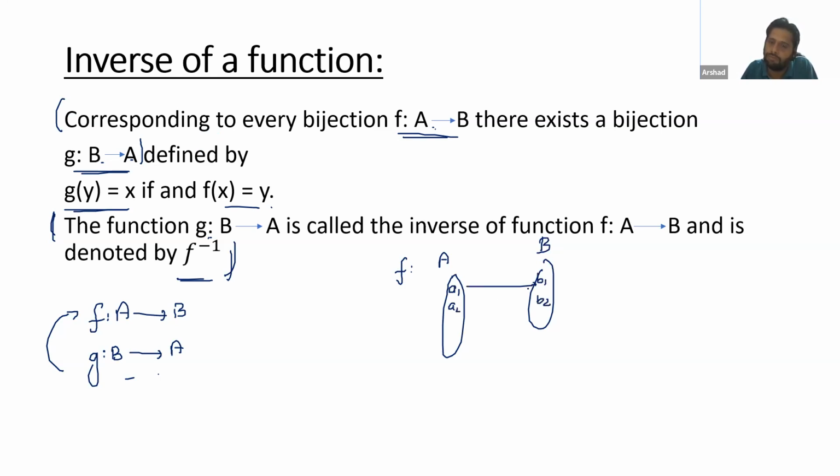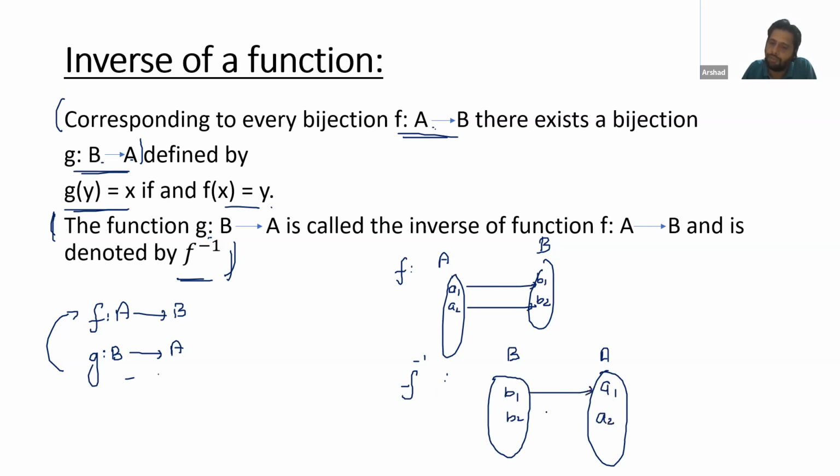A1 is mapped with B1, A2 with B2. So this is bijective. That's why its inverse will exist, which will be the opposite of this. B has the same elements B1, B2. A has the same elements A1, A2. B1 with A1, B2 with A2. So if a function is bijective, its inverse will exist. Inverse will be the opposite of f. This is clear to everyone.